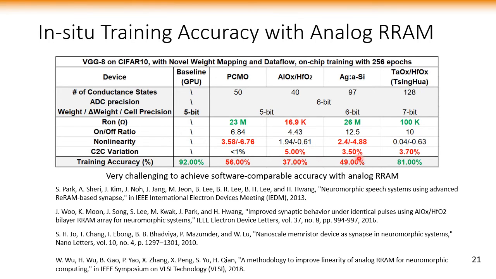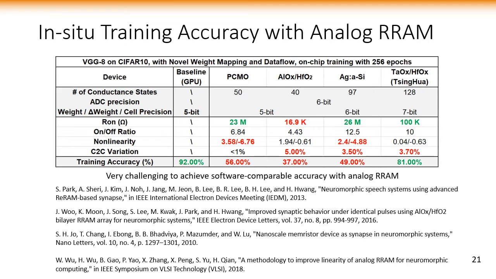So here we would argue that to train deep neural networks with the reported analog RRAM, even if they report 5-bit, 6-bit, or 7-bit per cell, it will be quite challenging to achieve the same accuracy as the software baseline.